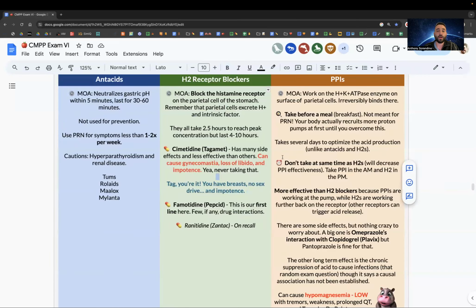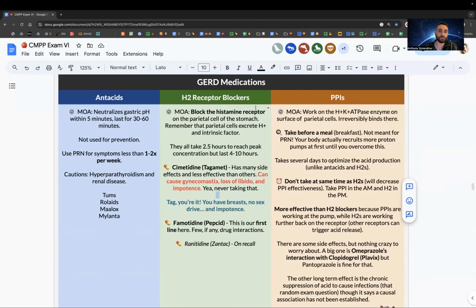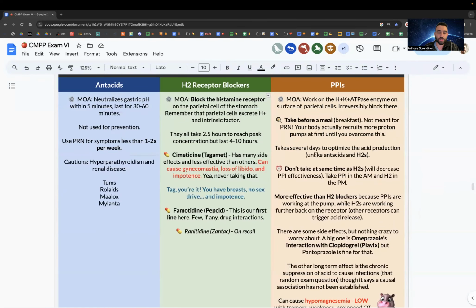All right. Now PPIs. And as you go to the right of this chart, these are not necessarily potency, but you're going to get stronger effects from these medications, and you're going to have more side effects. So there's a lot with PPIs here. So these work on the actual proton pump, which is why they're called proton pump inhibitors.